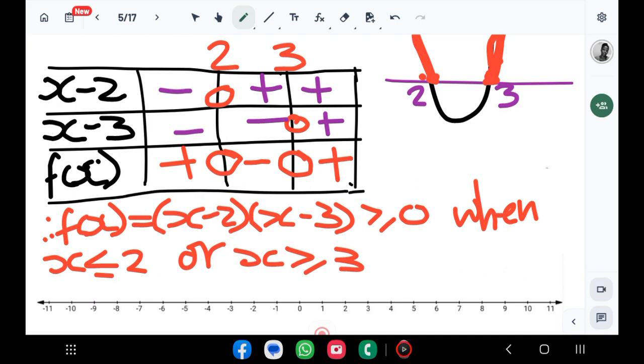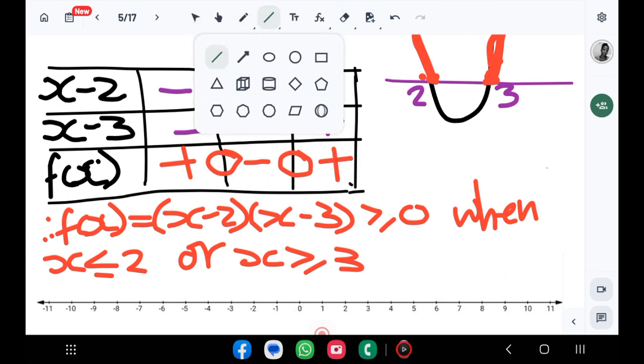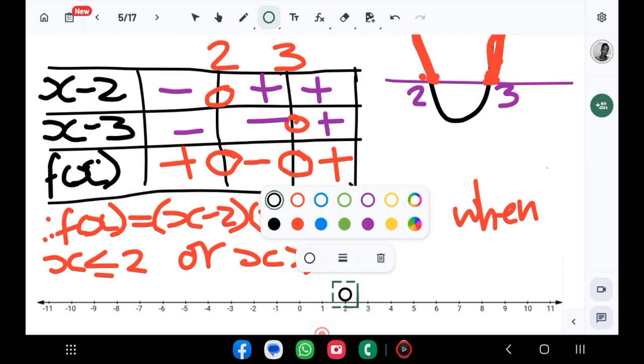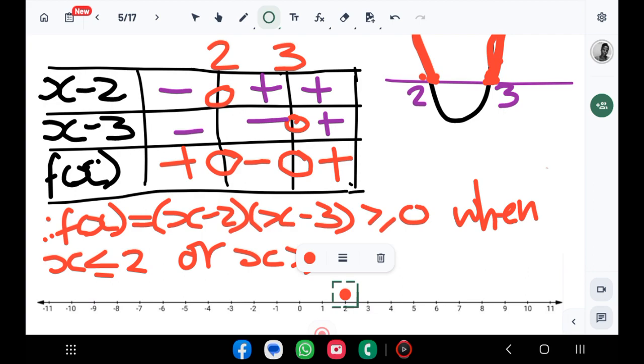Now, how do we solve that on a number line? You've got two critical values, 2 and 3, that are included in the solution. So what you do is place solid dots on top of 2 and 3. We've got one solid dot on top of 2.